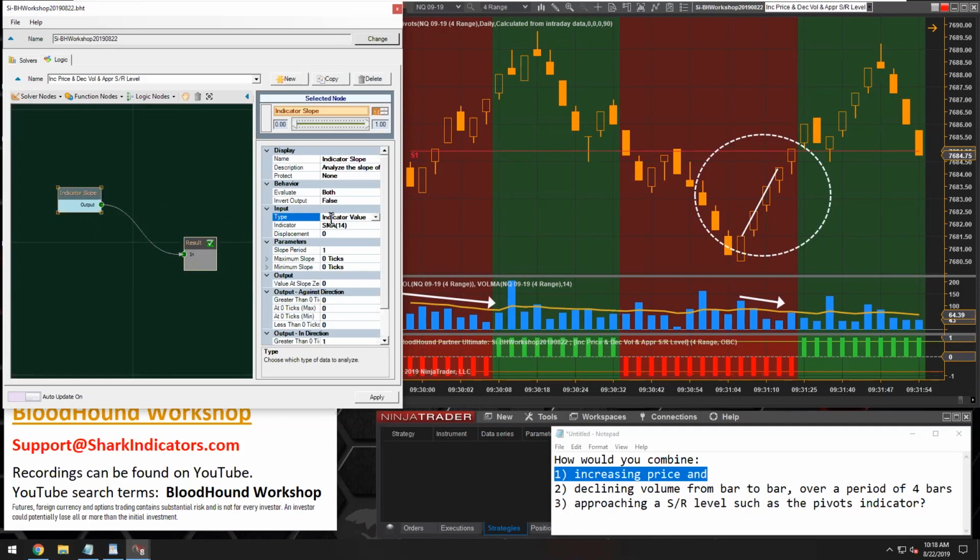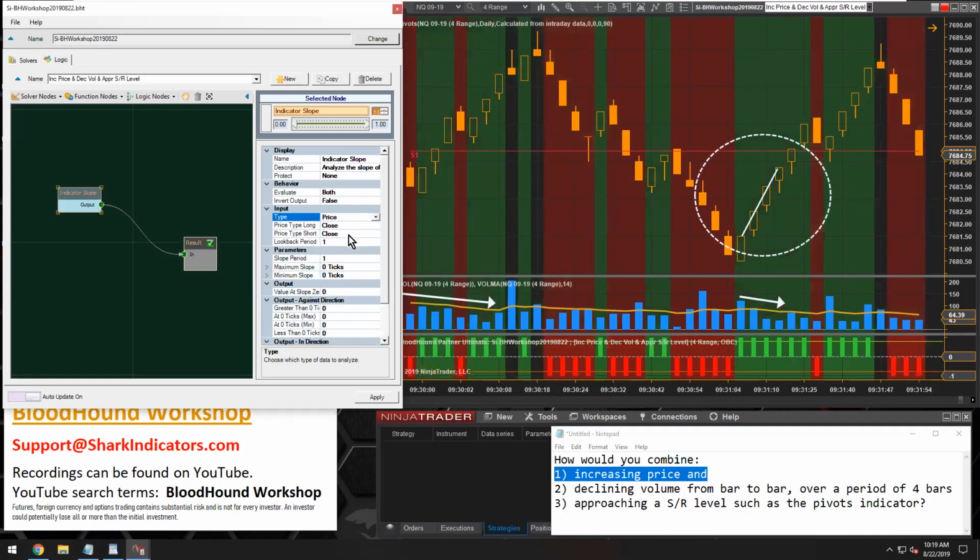Again, like I mentioned, you could use some kind of moving average to determine whether price is more generally sloping up or sloping down. But in this case, we'll literally use price. So we'll set this to price. Since this is just kind of vague here, I'm just going to use the closing price of that.